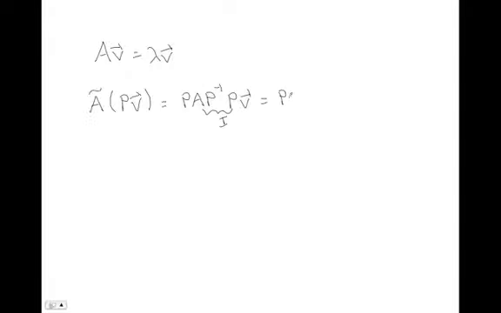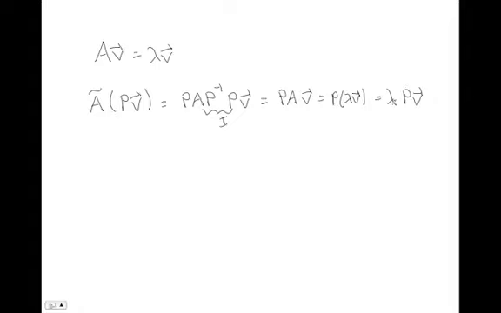Then I acknowledge that P inverse P is just the identity matrix, and so when I'm done, that's just equal to PA times V, but A times V is lambda V, and so that's just equal to P times lambda V. If I want to keep this as a matrix-vector product, I'll pull this scalar out front, so that looks like lambda PV.